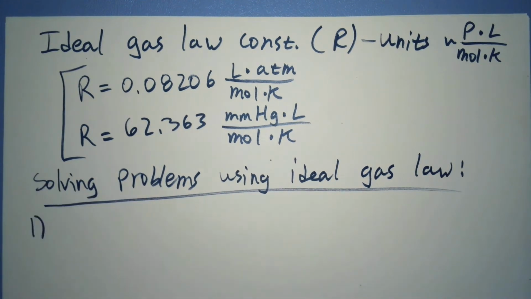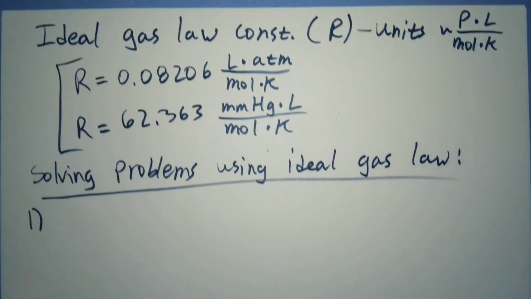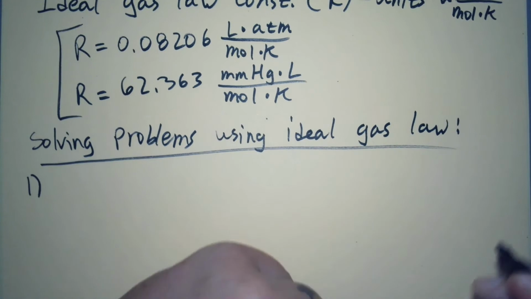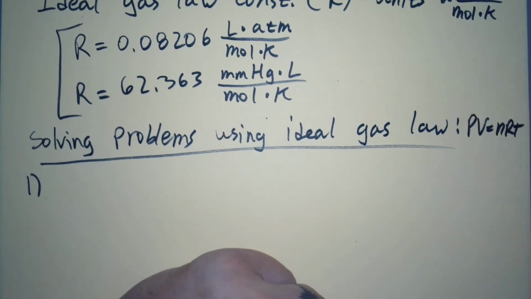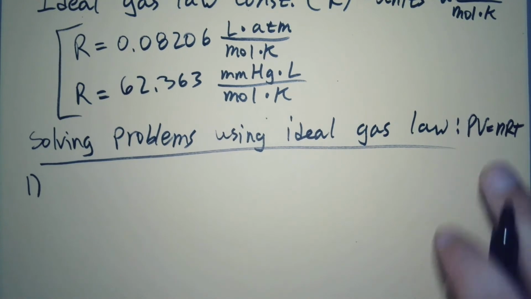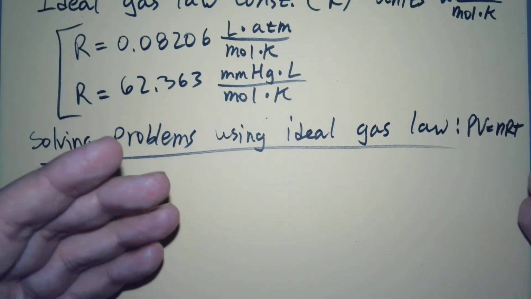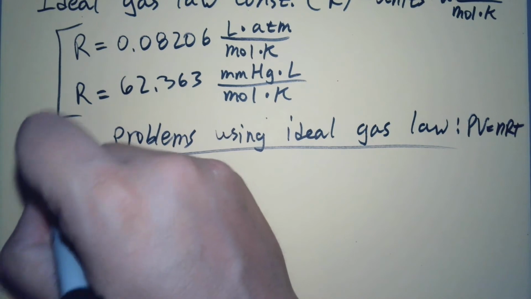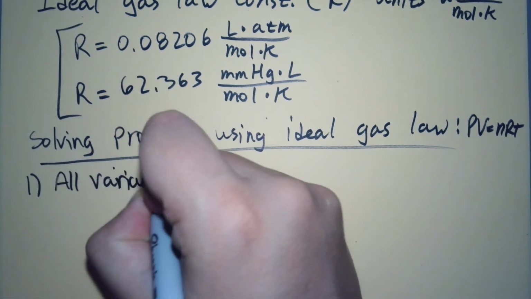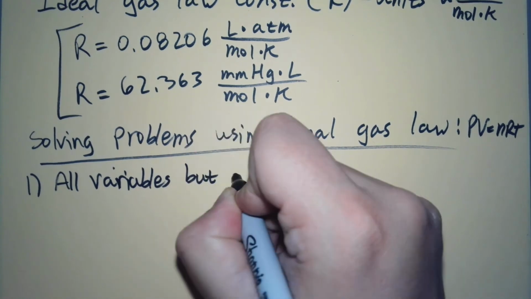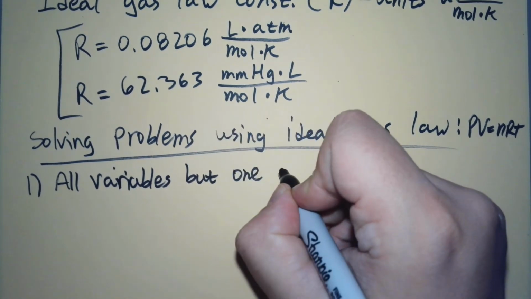The first type of problem: we've got PV equals nRT. That's our ideal gas law. I give you every variable but one. Guess what you have to do for that last variable? You solve for it.